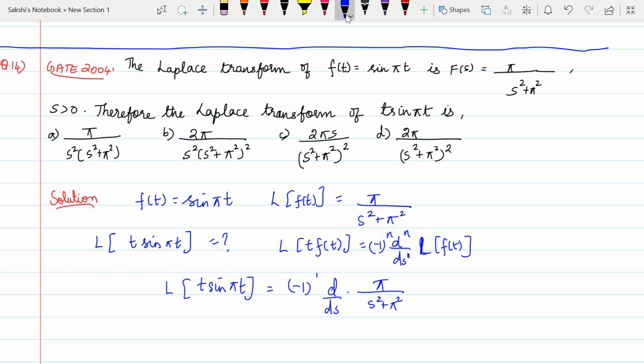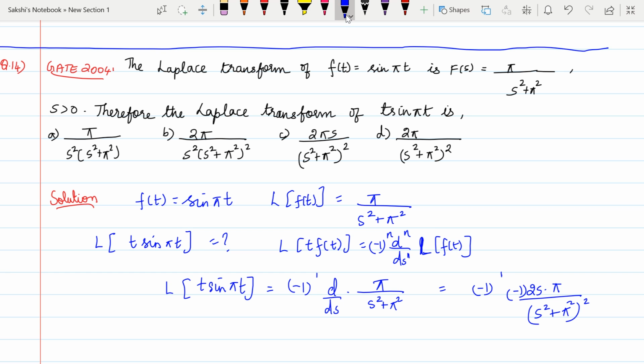So now we have to differentiate this pi divided by s square plus pi square with respect to s. So when you do that, you get (minus 1) the whole power 1, 2s into pi divided by (s square plus pi square) the whole square, into minus 1.